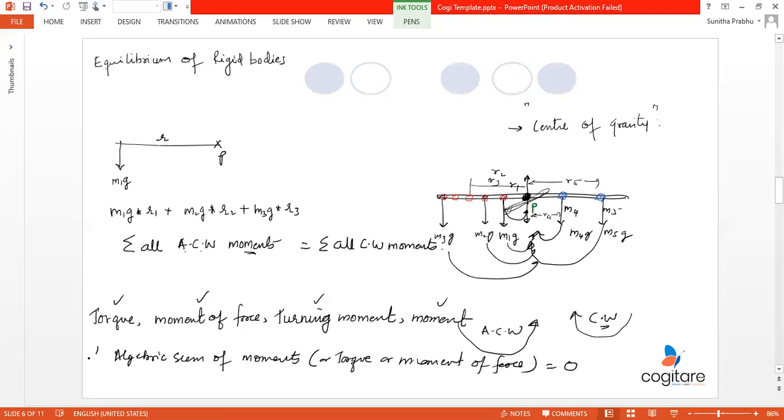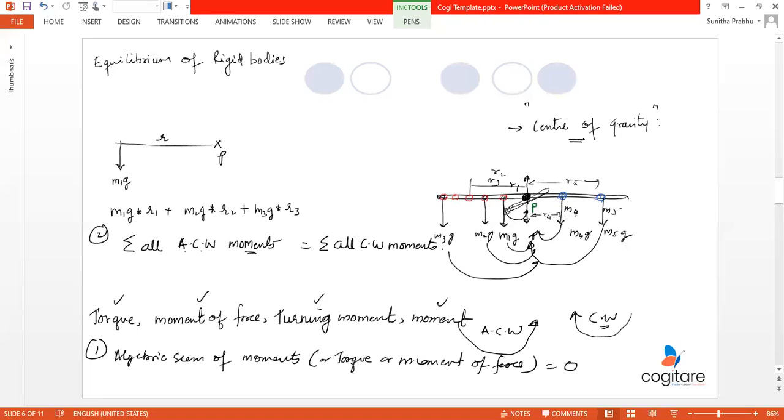You can say it like this, or you can say the sum of all anti-clockwise moments is equal to the sum of all clockwise moments. So that particular point P around which this happens is also called the center of gravity.